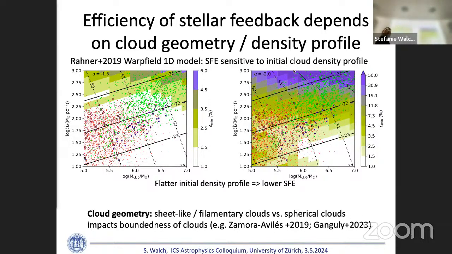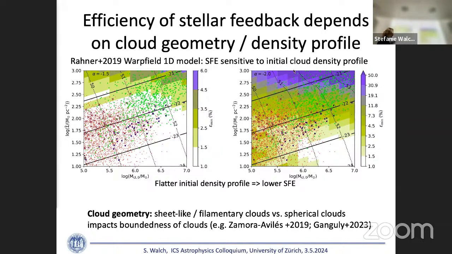And of course, with 1D, you can do many different models, and you can test the impact of different feedback processes. And so what you see here in the color is actually the star formation efficiency. And so we can see that the slope of this initial density profile has a huge influence on the star formation efficiency, because the color bar doesn't have the same scale.